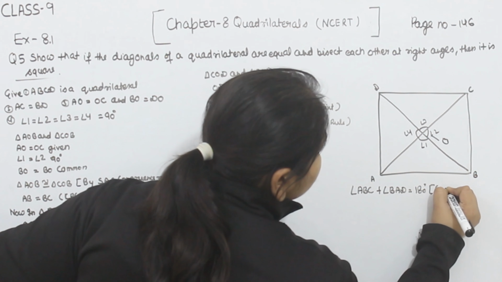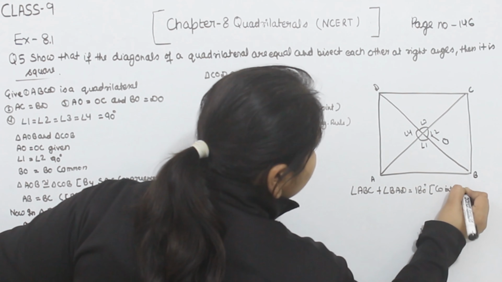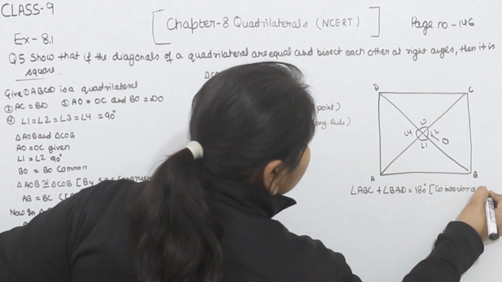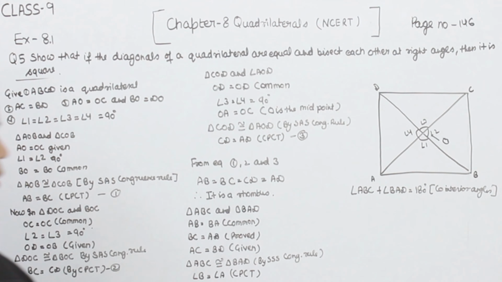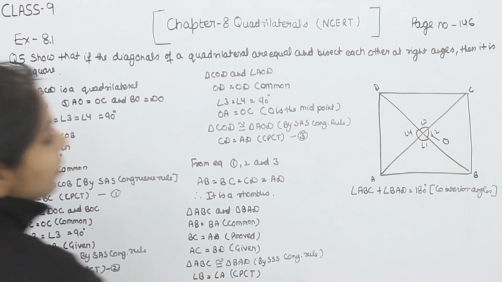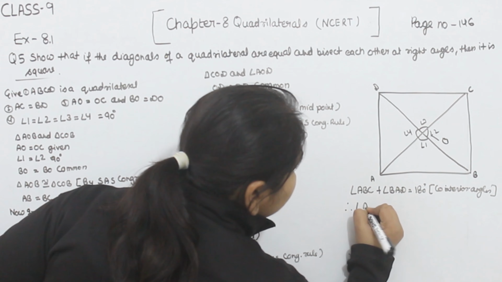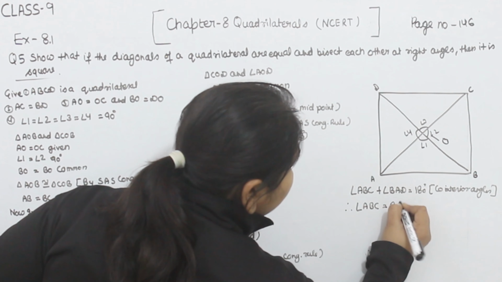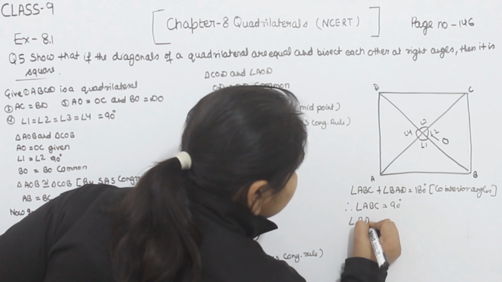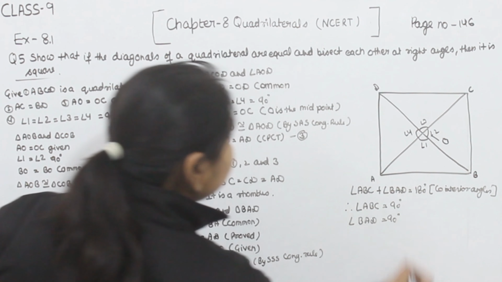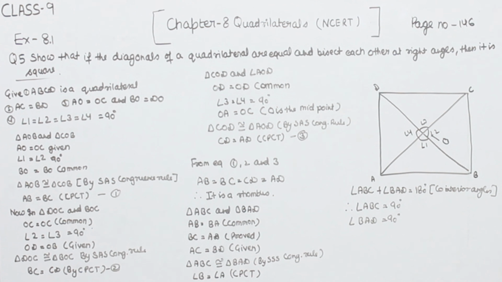Why? Because of co-interior angles. So now we know that these two angles are equal to each other. So the angle ABC is equal to 90 degree and the angle BAD is also equal to 90 degree.